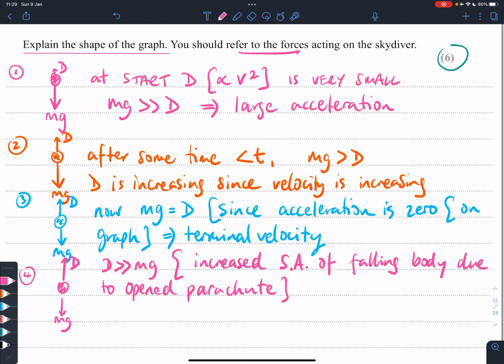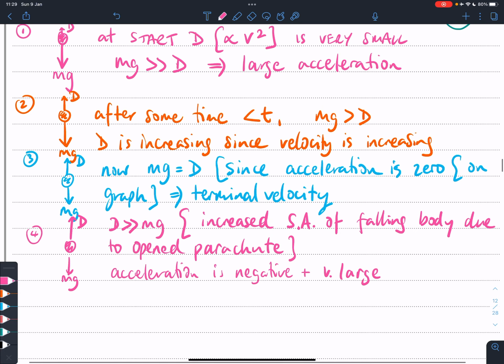Right, this means what? That the acceleration is negative and very large. So this corresponds in the motion to a sudden deceleration.